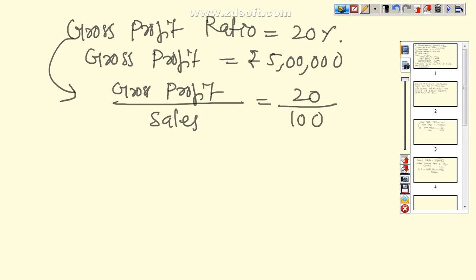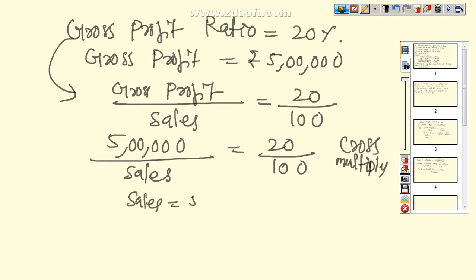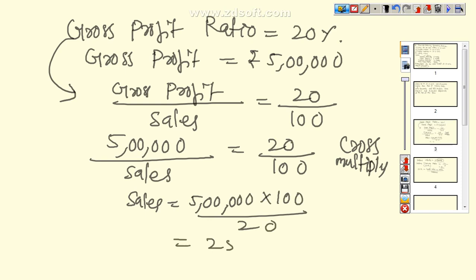We substitute the value of gross profit: 5 lakh upon sales is equal to 20 upon 100. We can cross multiply and calculate the value of sales. Sales is equal to 5 lakh multiplied by 100 upon 20, that is equal to 25 lakh.